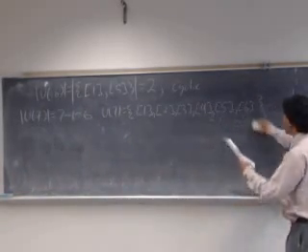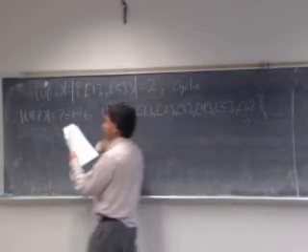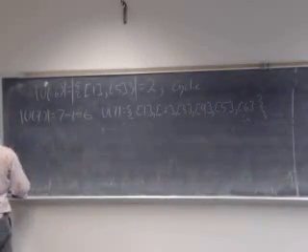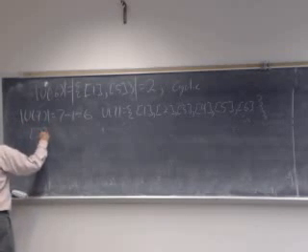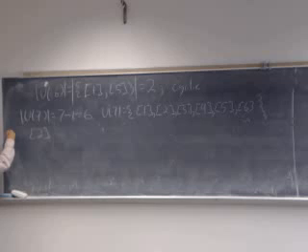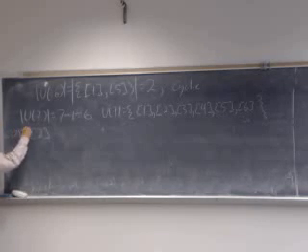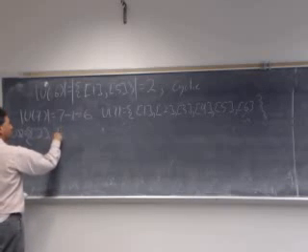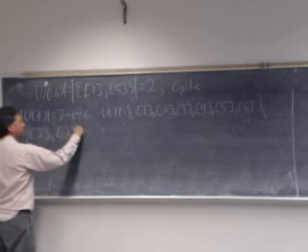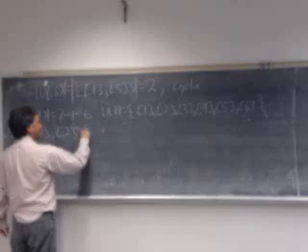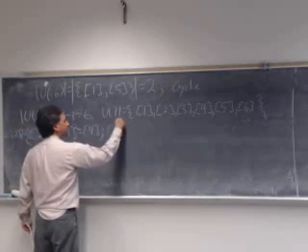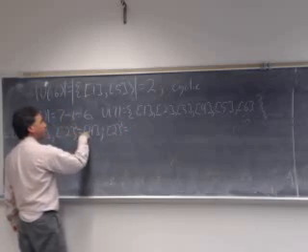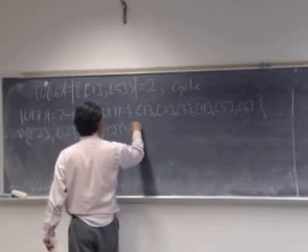Well, let's start looking at some elements that possibly generate it. And again, I'll start with 2. So what's in the cyclic subgroup generated by 2? Well, there's 2, and there's 2 squared, which is 4. And there's 2 cubed, which is 2 squared times 2, or 4 times 2, which is 8.